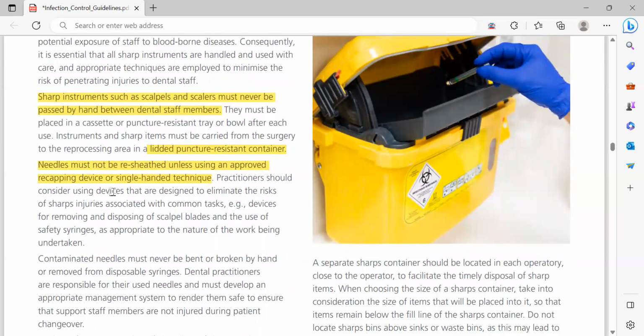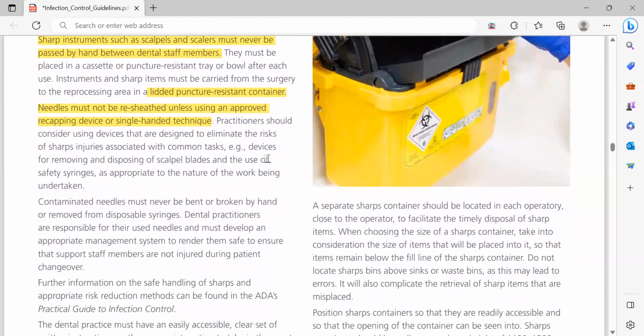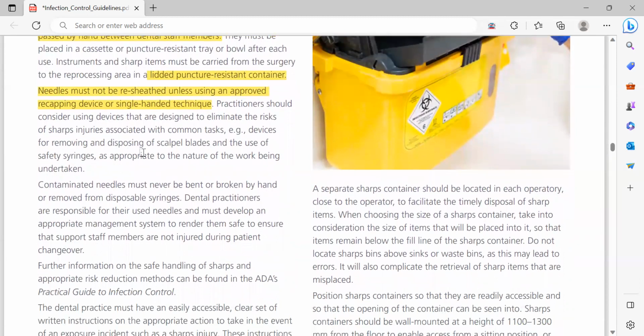Practitioners should consider using devices that are designed to eliminate the risk of sharp injury with common tasks, for example devices for removing and disposing of scalpel blades. As you might have seen, there is a device available that is used to remove the blade from the scalpel.